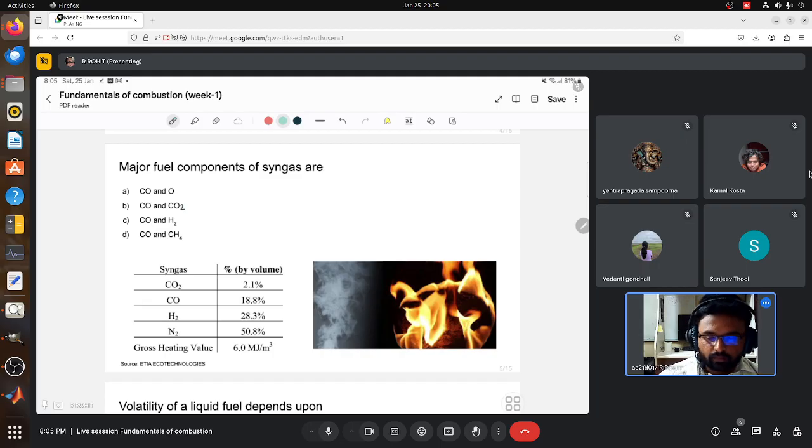So now can you say what the major fuel components of syngas are? Apart from nitrogen, which you don't need to consider, what are the next two major components?